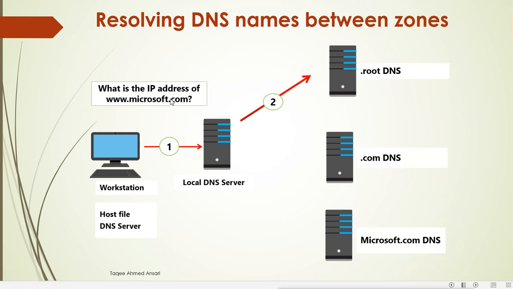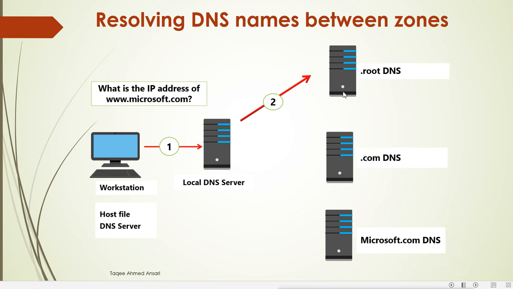Just like the .com, we have multiple different top level DNS servers. Those are like .com for commercial, .net is also for commercial, then .org for organizations, .gov for governments, government websites, then .edu for educational. So just like that, we have these top level DNS servers available on the internet.